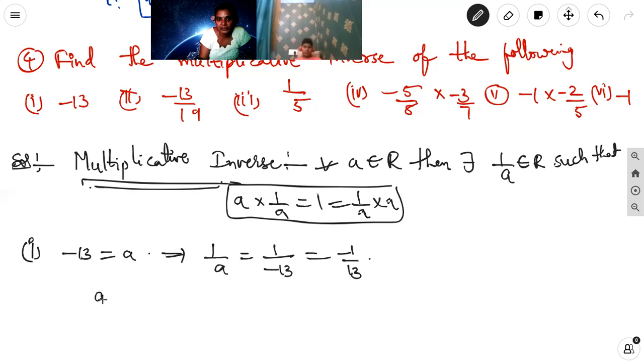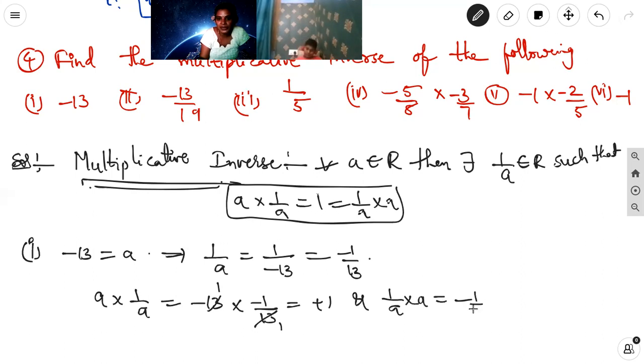Just check. A into 1 by A is minus 13 into minus 1 by 13. 13 ones are 13, minus 1 into minus 1 will be plus 1. And 1 by A into A is minus 1 by 13 into minus 13. 13 ones are 13, so minus 1 into minus 1 is plus 1.